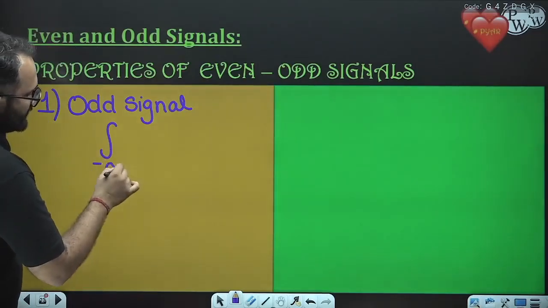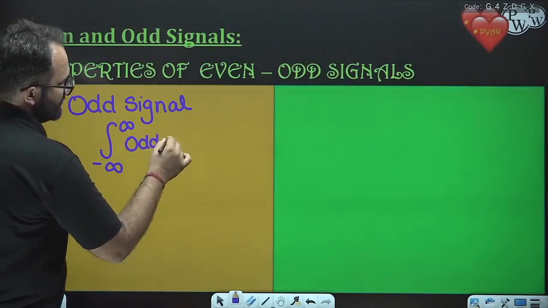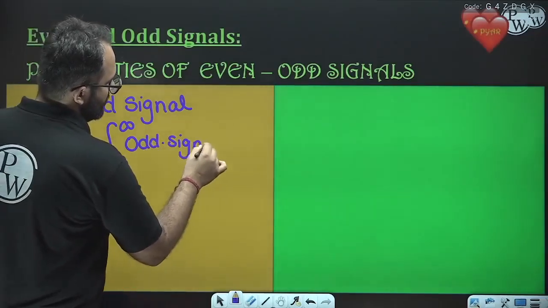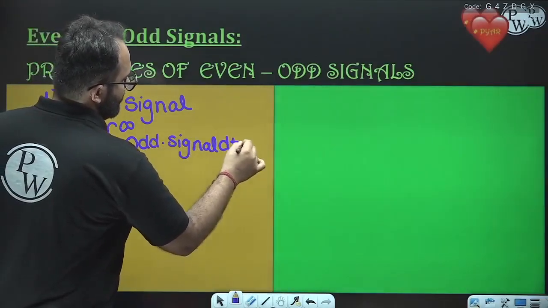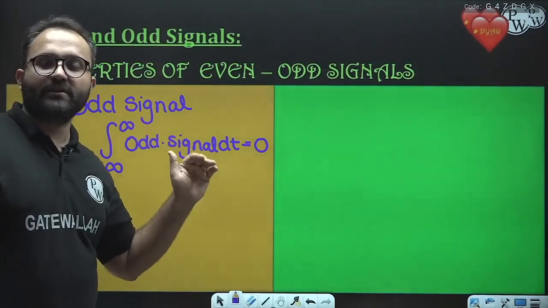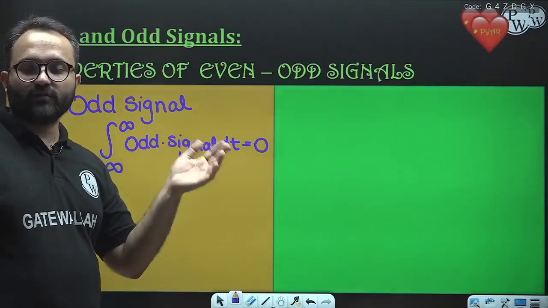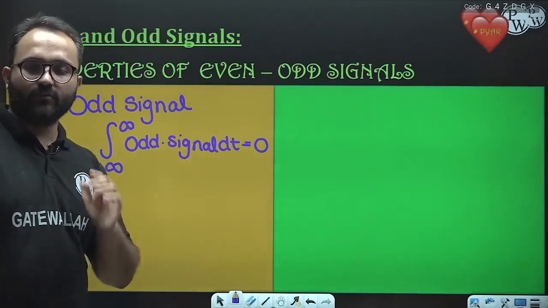So integration from minus infinity to infinity of an odd signal is 0, because we know that it is anti-symmetric. One region will give positive, one region will give negative, and they both will cancel each other.